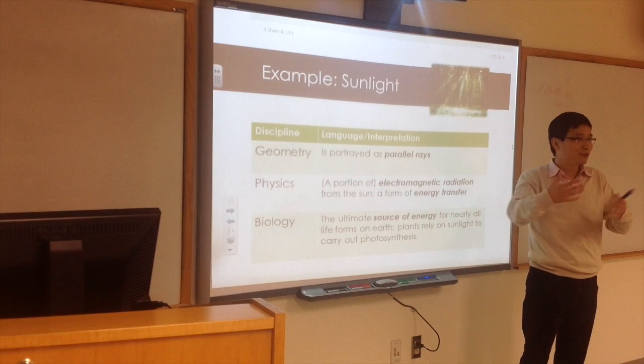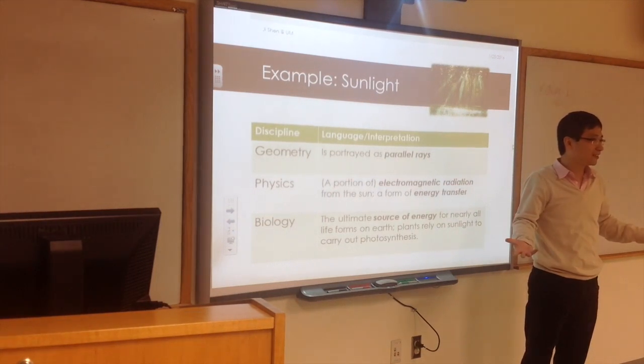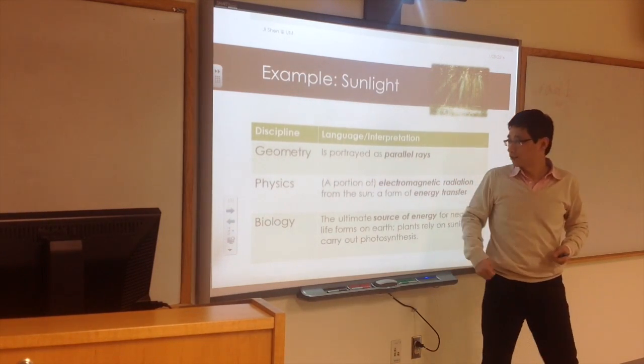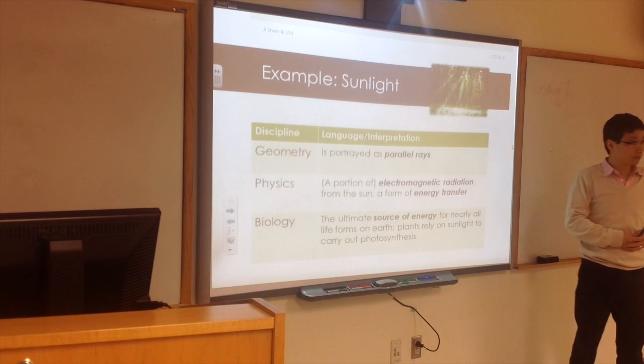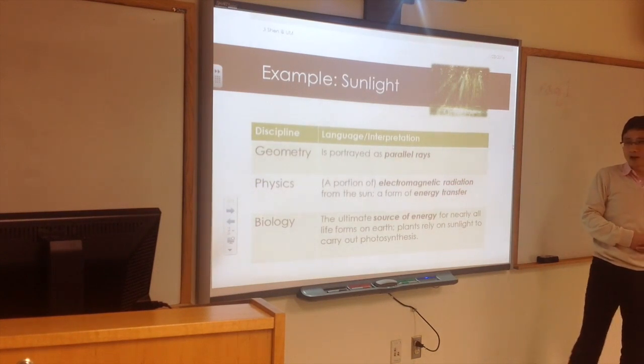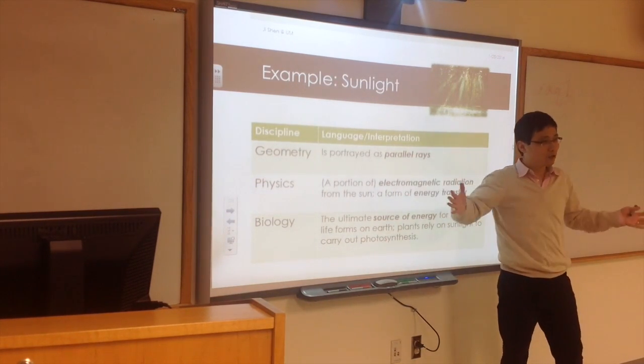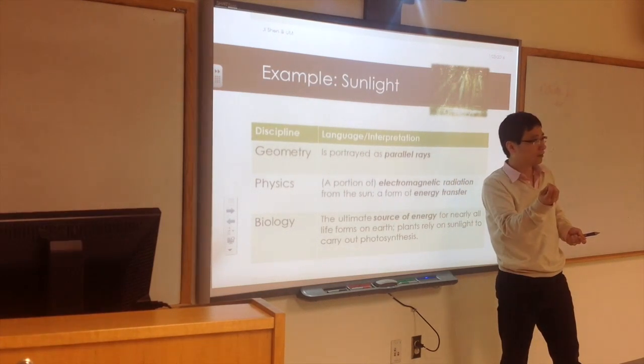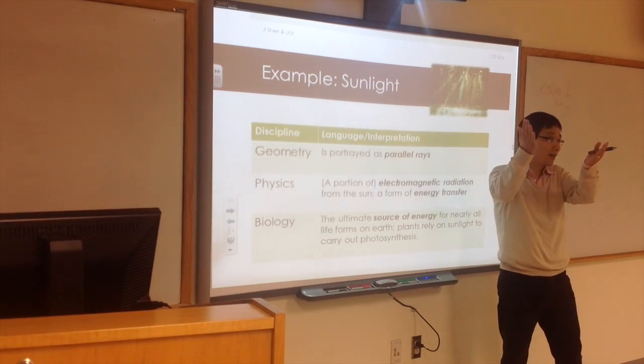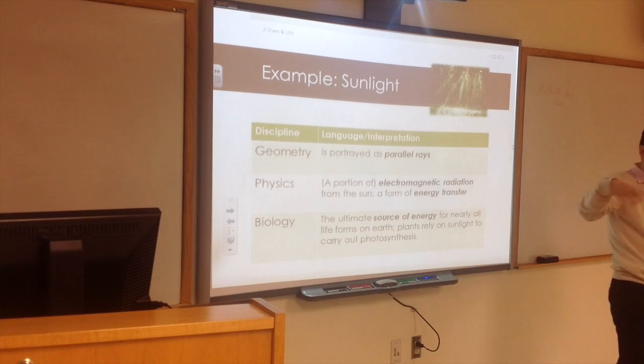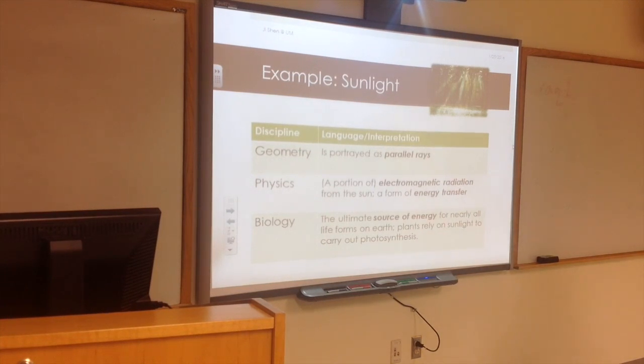Because they have certain features we want to use, right? In physics, we talk about radiation, right? But here, are we talking about the whole spectrum or just visible, right? So we know we can see sunlight, but there are other portions of sunlight we cannot see, right? Is the other portion still sunlight?